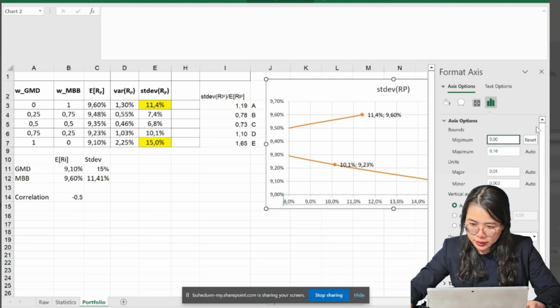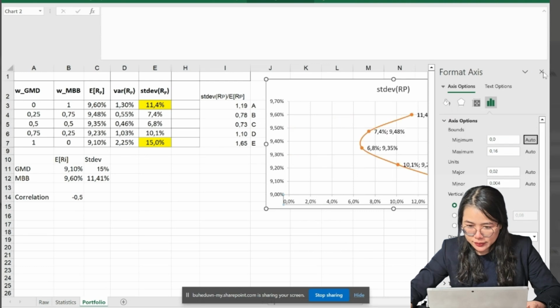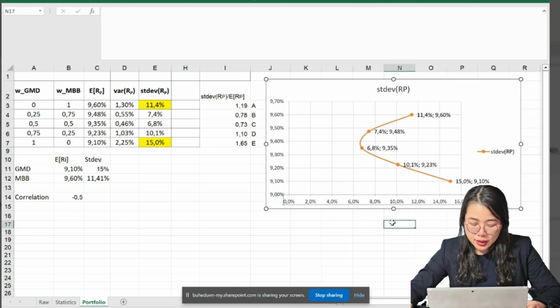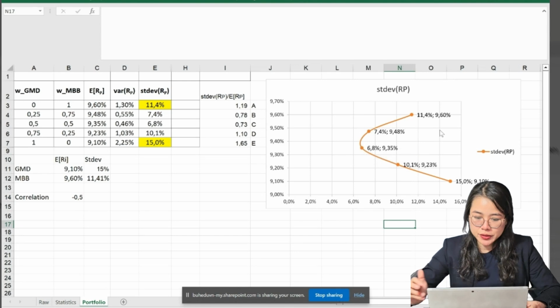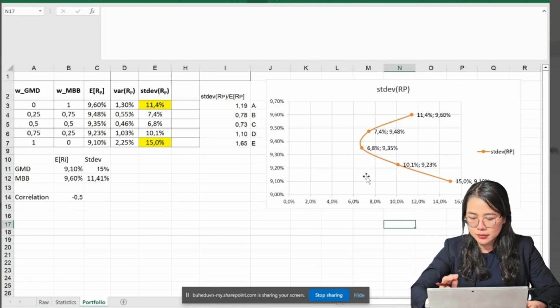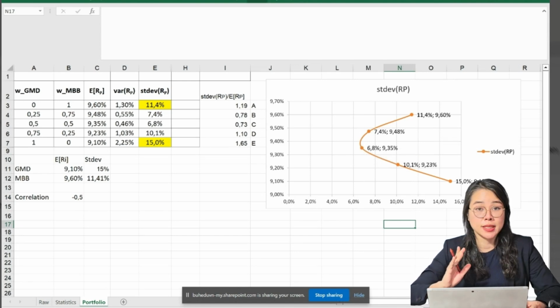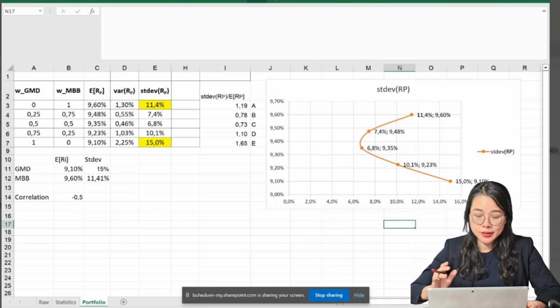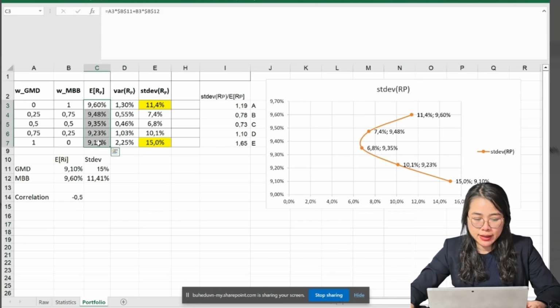Now I reset it. You see, now the portfolio with the lowest risk is about 6.4%. And you see the expected return doesn't change, but the standard deviation, the risk of the portfolio, has changed a lot. Now the lowest risk is 6.8%, even less risk than the previous correlation.